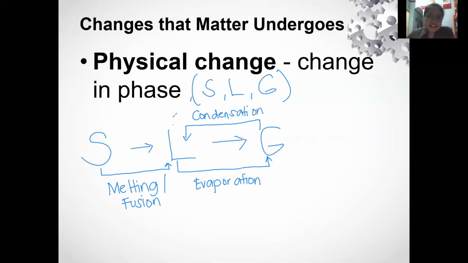And then, si liquid, pag naging solid, ang tawag natin dito ay freezing. Tapos, meron tayong solid na diretsong nagiging gas, hindi na siya dumadaan sa liquid na phase. We call it sublimation.